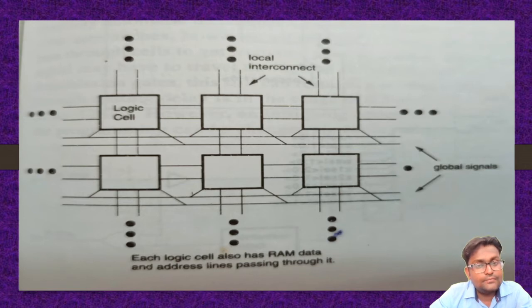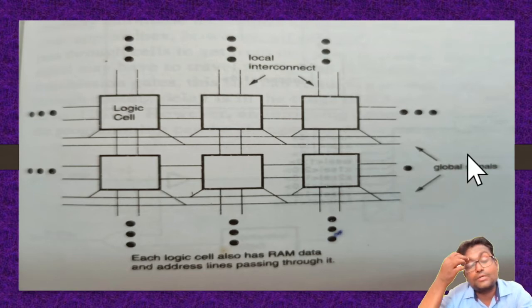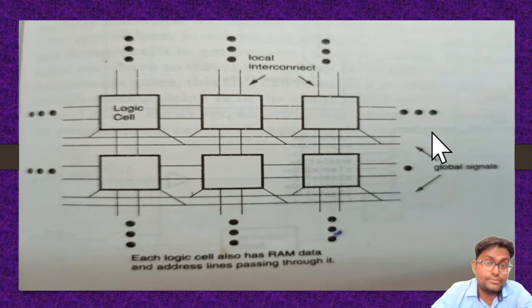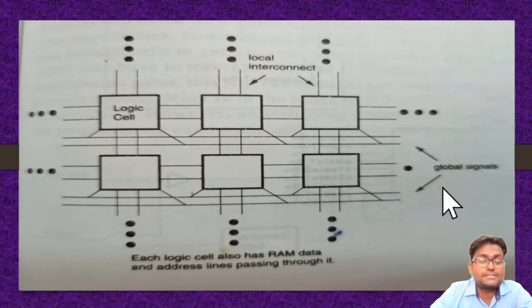When we are studying the clock signal, there are two types of clock signal. One is synchronous and another one is asynchronous. When all logic cells receive the clock signal simultaneously, then this type of clock is known as a synchronous clock.